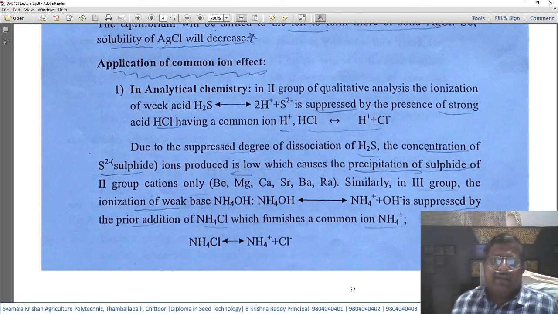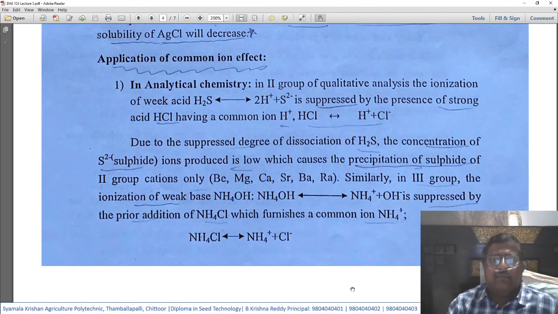Whenever this common ion NH4+ is added, the dissociation or ionization process will get suppressed. So the equilibrium will be like this: NH4Cl in equilibrium with NH4+ plus Cl-.